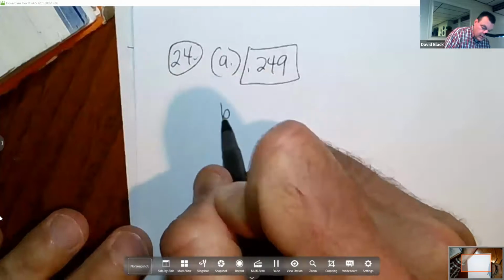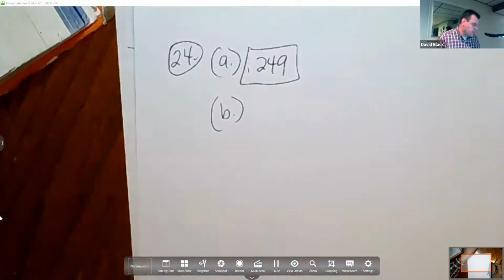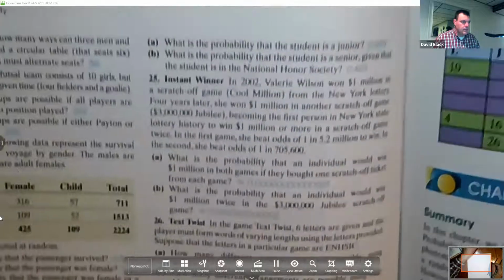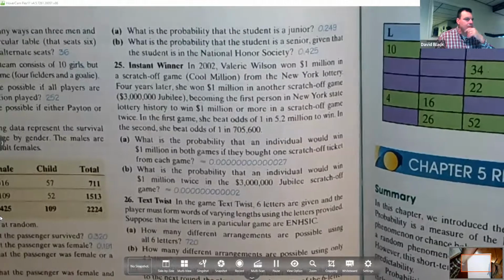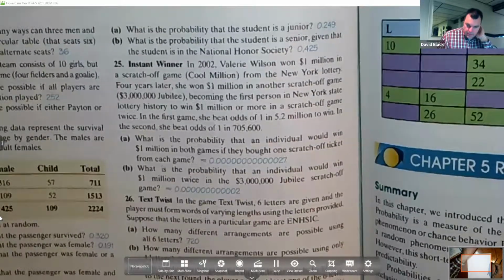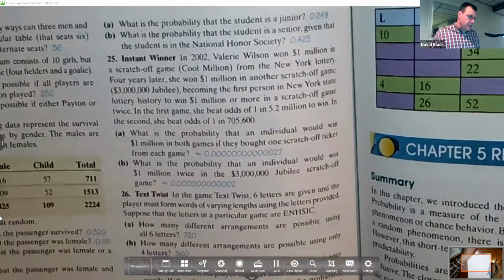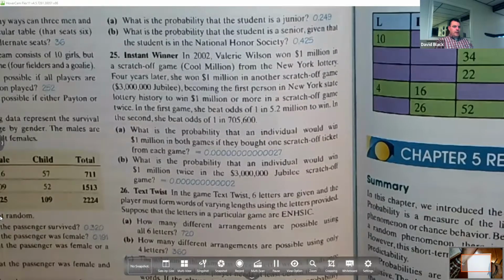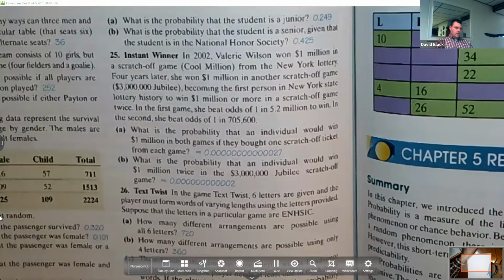Okay, now let's go to part B. Now I'm about to make myself out to be a not right person. Because part B says, what is the probability that the student is a senior? And look at the next two words.